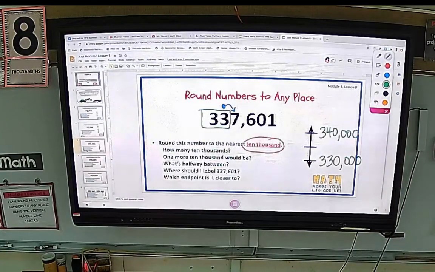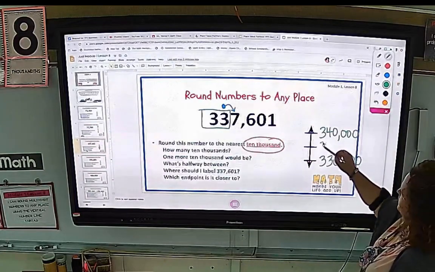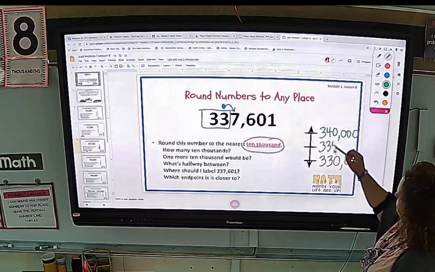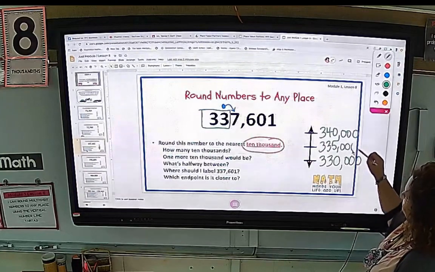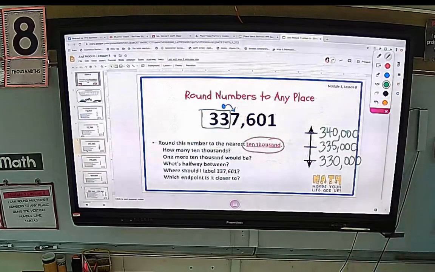Gage, what would go in the middle? 335,000. Good. A lot of big numbers there. Now, put your dot on your number line where it would go. Look at our number that we wrote in the middle of our board. Where would it go?